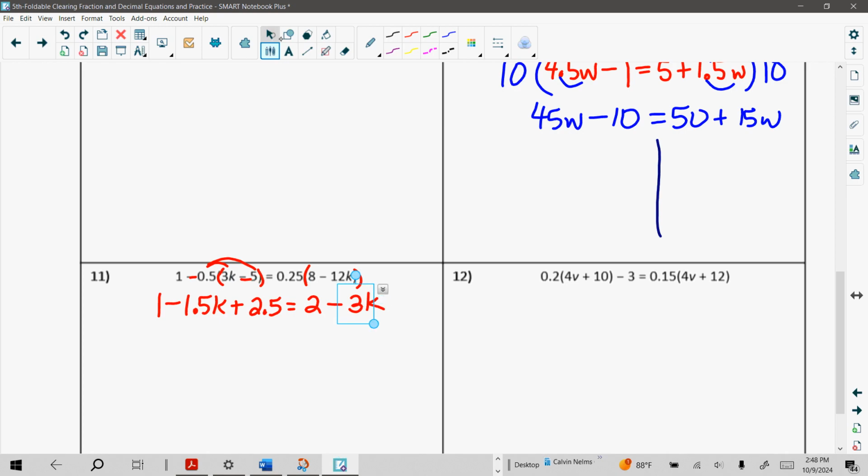Okay, so now what we're doing is, because we have the decimal here in the tenths place, we should be multiplying both sides by 10.